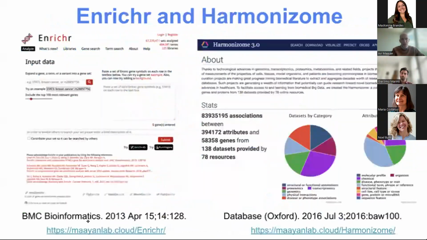And this was a really successful effort. One of the two bioinformatics tools that came out of this are Enrichr and Harmonizome. So far, we have processed data from over 100 different resources. And Enrichr currently has almost 500,000 annotated gene sets.